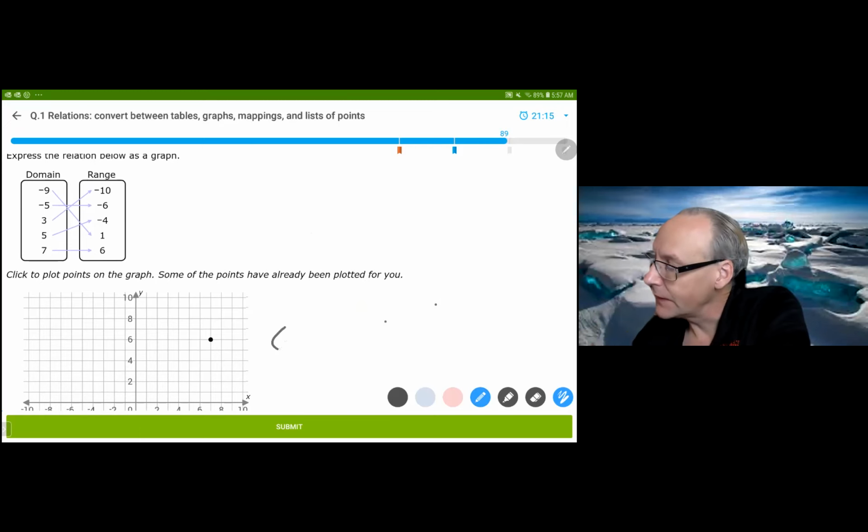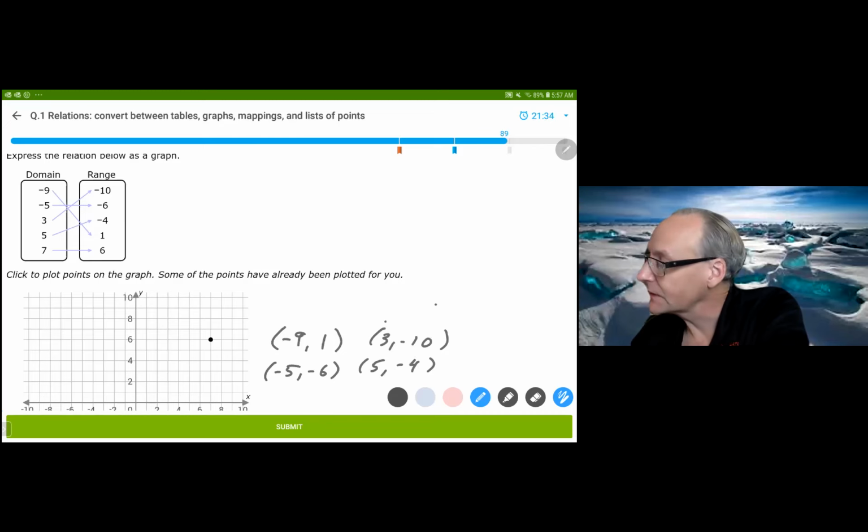Okay, so I have negative 9, 1, and we've got negative 5, negative 6, and we've got 3, negative 10, and we have 5, negative 4, and we have 7, 6. Is there only 5 points? 1, 2, 3, 4, 5, yeah.